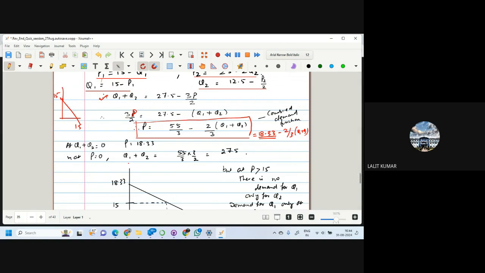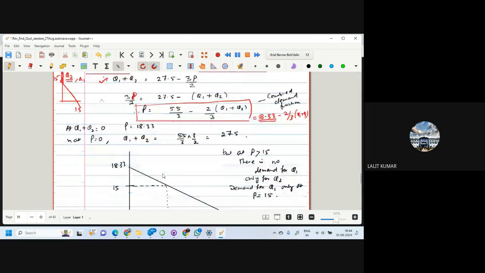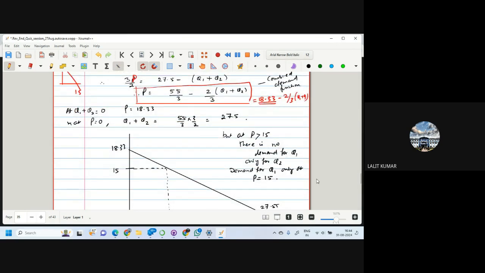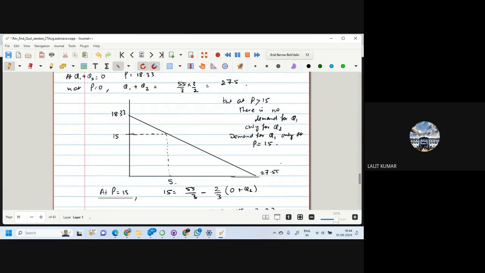So from 18.33 to 15, the demand will be there only for Q2. There will not be any demand for Q1. I have drawn this, that at P more than 15 there is no demand for Q1 and only for Q2.